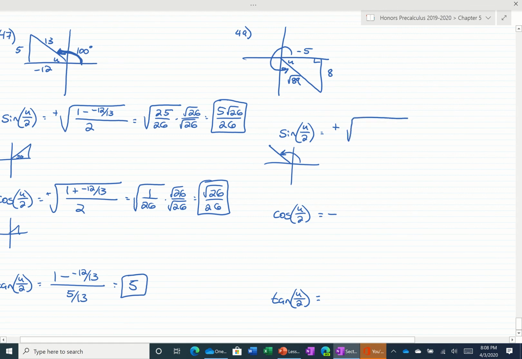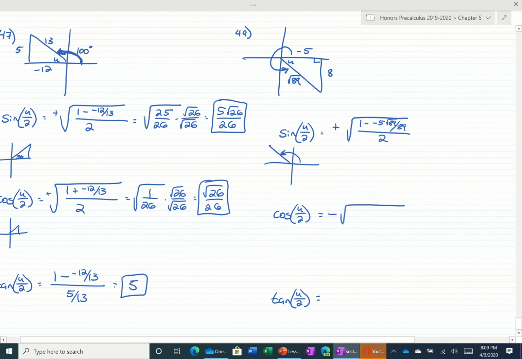So the formula for sine is the square root of 1 minus the cosine, which would be negative 1 minus negative 5 root 89 over 89, all divided by 2. That'll be interesting, simplifying.